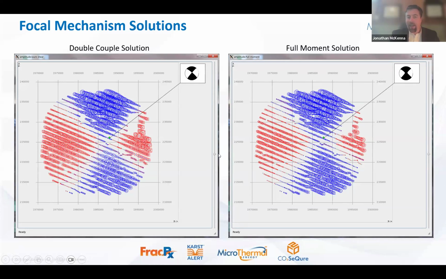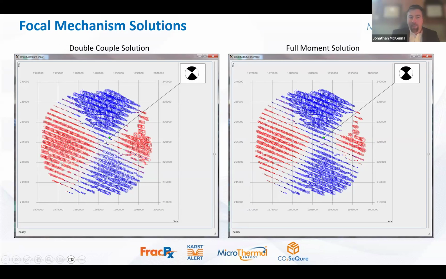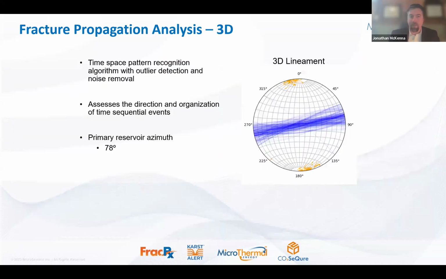In this case, you can see this blue part of the radiation pattern doesn't actually come together right at a perfect crosshair, but actually the blue kind of extends through the red, which is more representative of a full moment solution, indicating that this event not only slips along a pure strike slip plane, but also has an opening component to it, or a full moment solution.